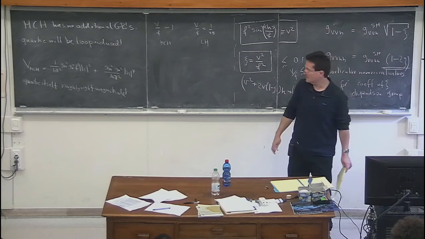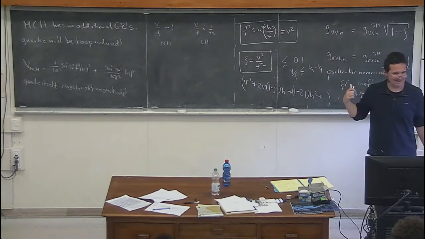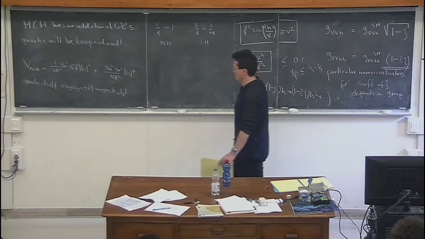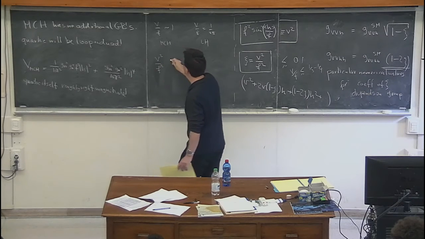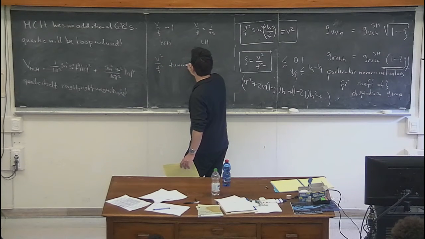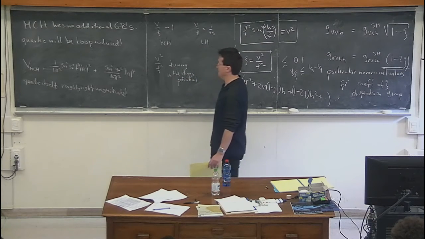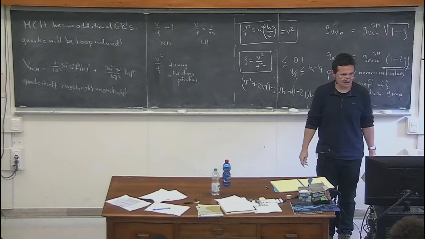Because I know that v over f squared better be less than 0.1, now I will have a tuning of order v squared over f squared in the Higgs potential. So that's something that you basically just have to live with, at least in these models.